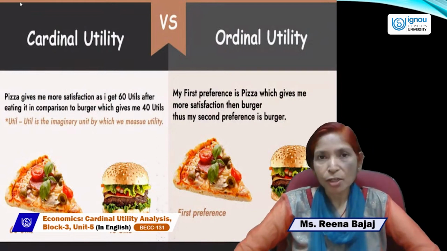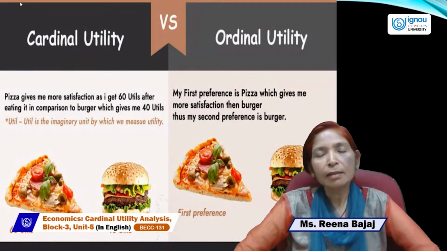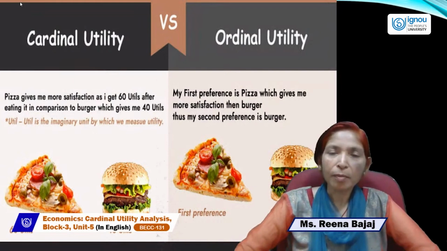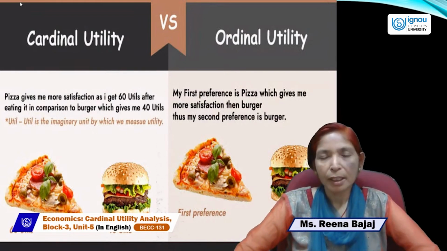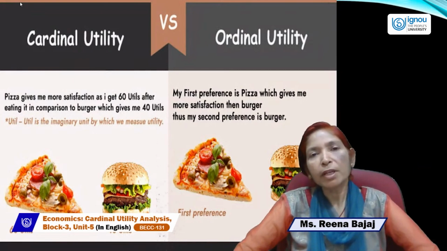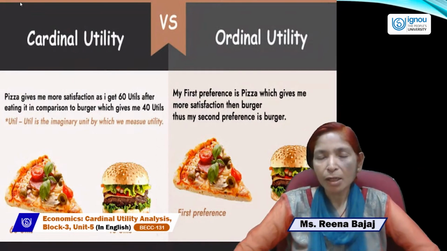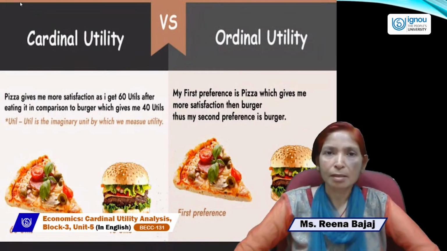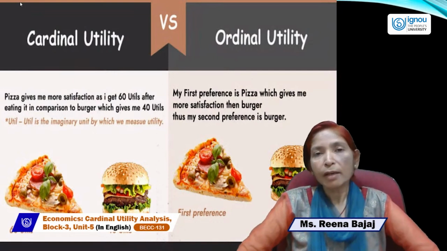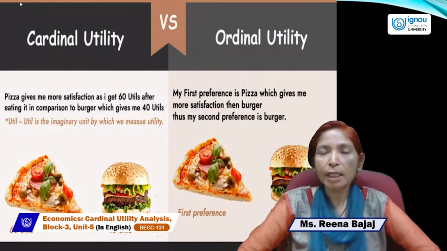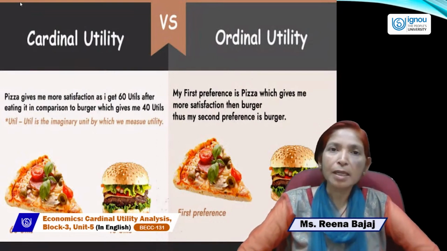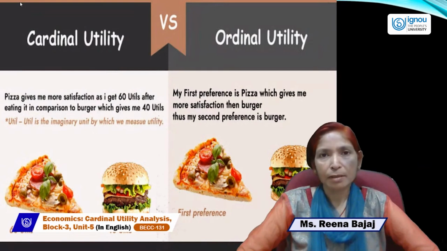And if this satisfaction can be measured in terms of money, that is called cardinal utility. According to Marshall, utility is a cardinal concept in which utility can be measured in terms of money or in accurate numbers. But according to J.R. Hicks and R.G.D. Allen, utility is an ordinal concept.